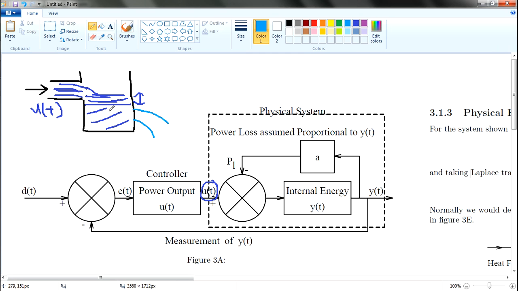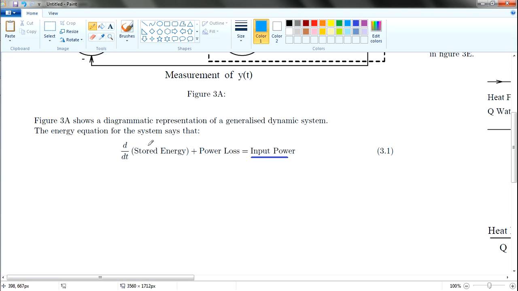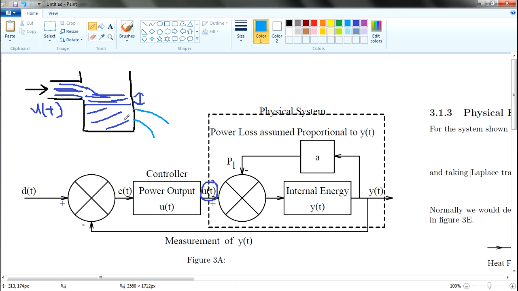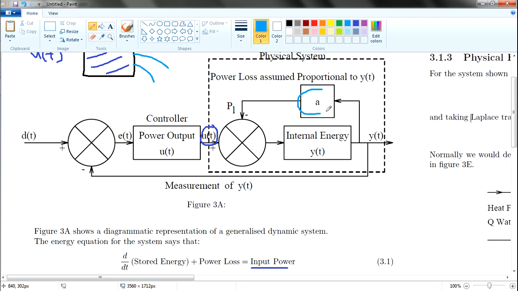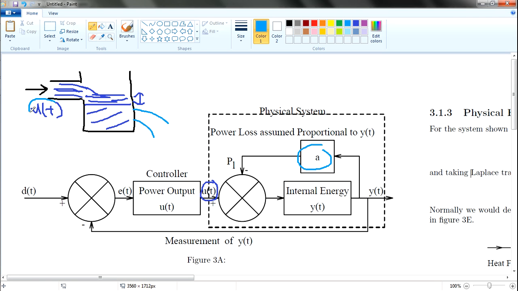So when you input, some of the water will give rise to a change in the level of the water tank, while some of the input water will flow out, in this case as a power loss. The loss is proportional to whatever output it does.